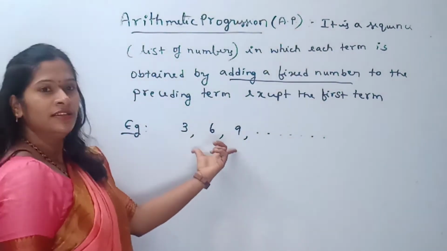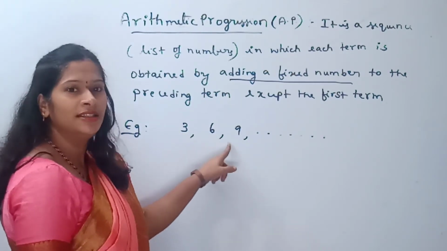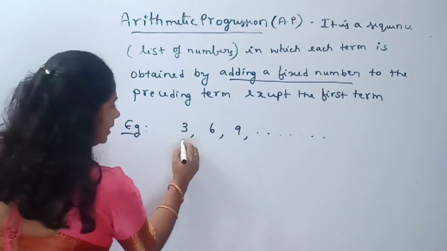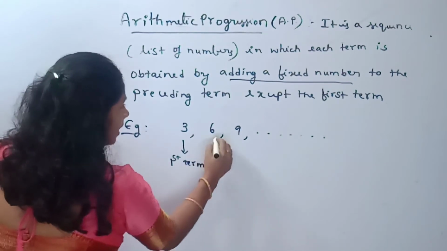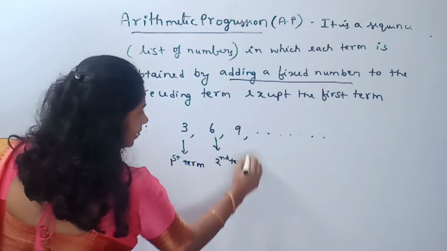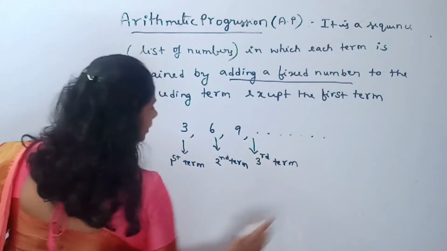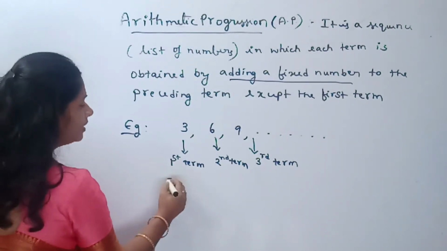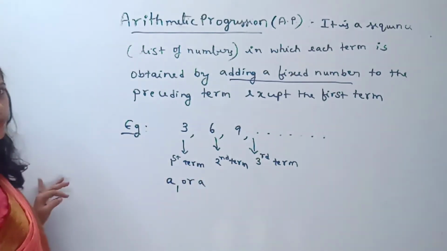So this is one sequence, isn't it? Each of the numbers in the list is called a term. Now this 3 is called the first term, this is the second term, 9 is called the third term. The first term is also denoted by the symbol A1, or you can write A also.